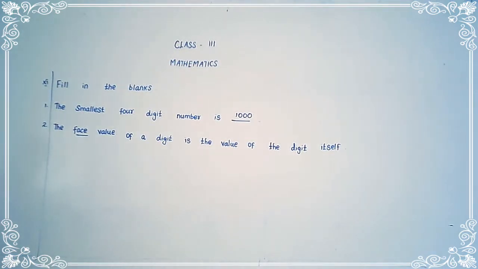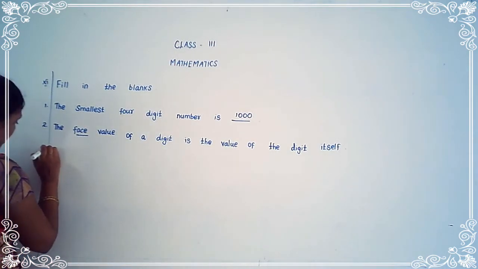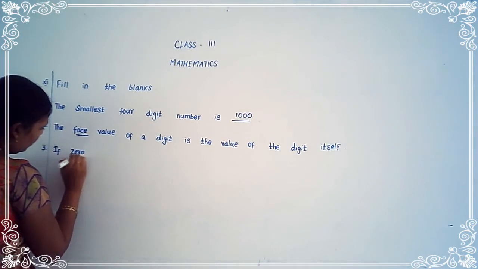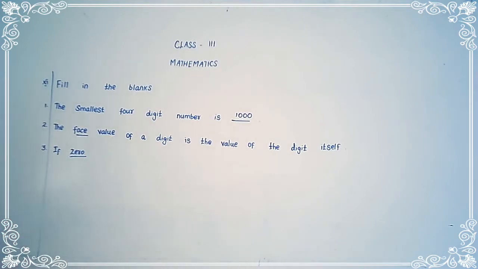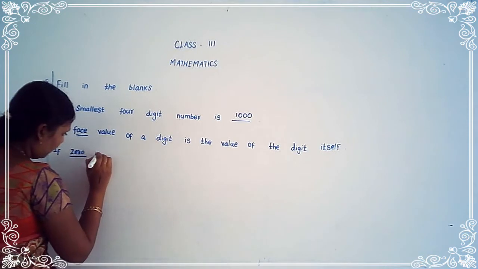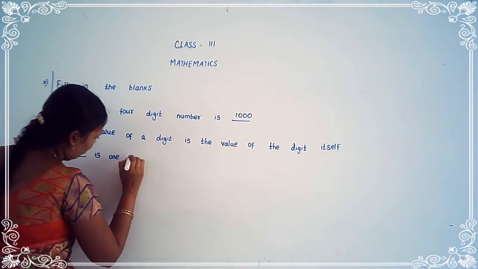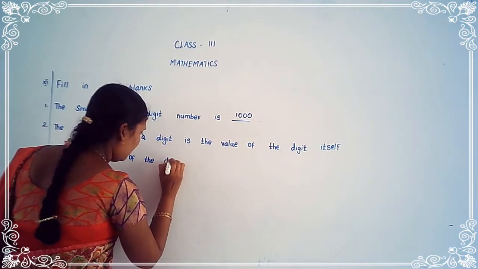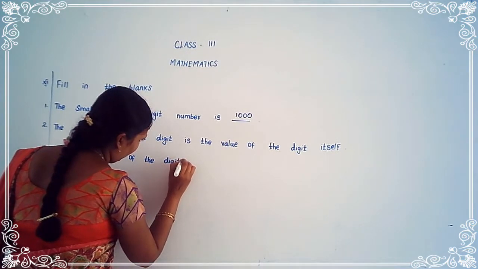The third one: if 0 is one of the digits while forming the smallest number. Z-E-R-O, 0, okay.